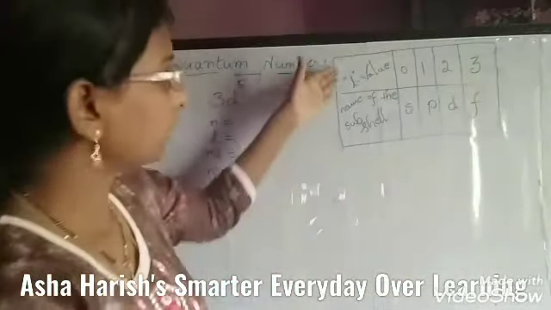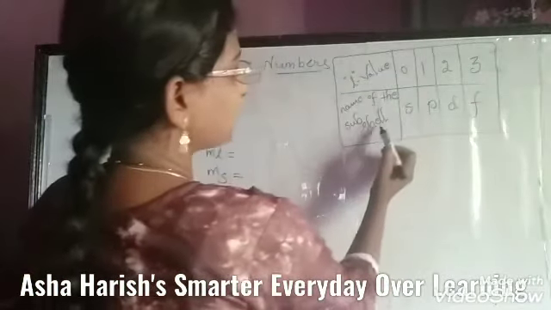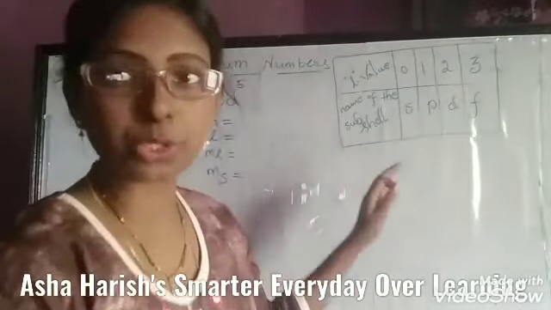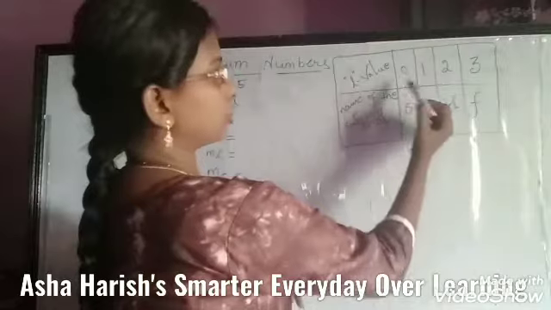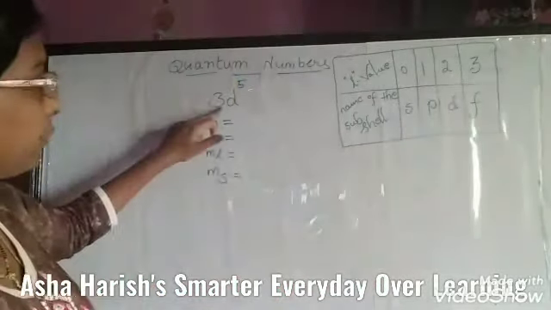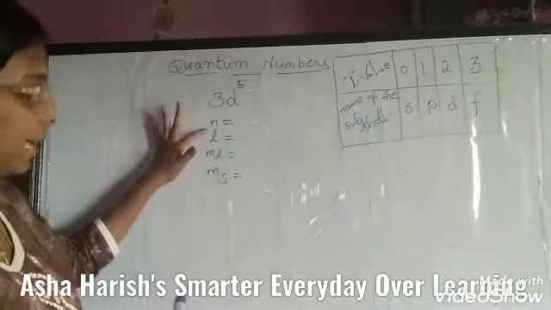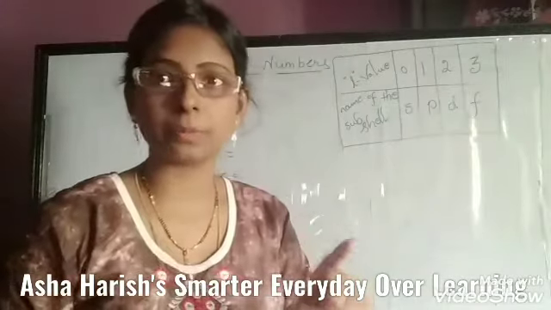For this, according to the azimuthal quantum number students, the L value and the name of the subshell you know. The name of the subshell s, p, d, f, for that L value from 0 to 3: 0, 1, 2, 3. Let's do for 3d5. 3d5, what is n? n is the main principal quantum number, that is the first quantum number n.